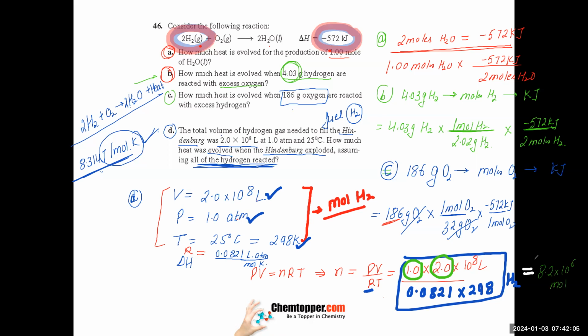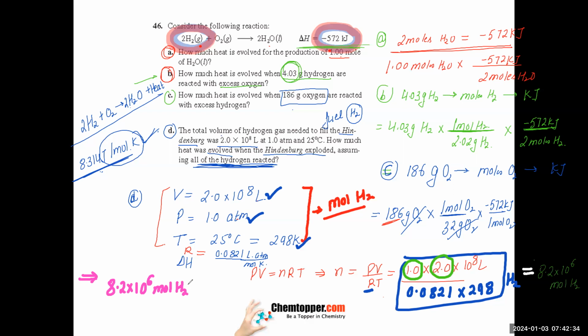Now how to use these moles of hydrogen to get this energy, delta H? Use the molar ratio. So set up another ratio. So 8.2 times 10 raised to power 6 moles of H2.